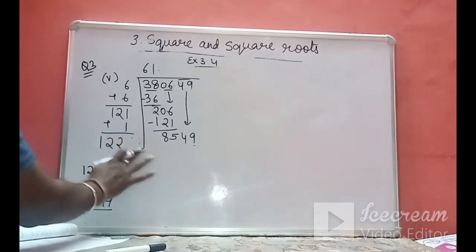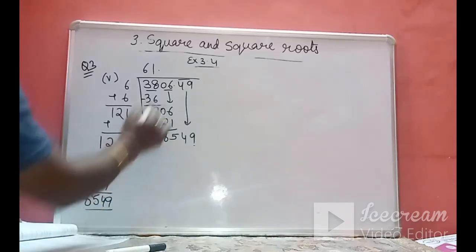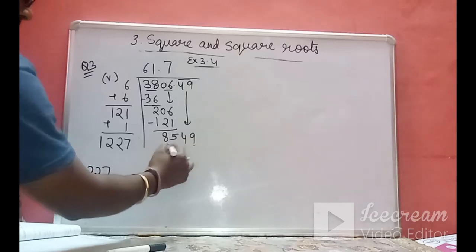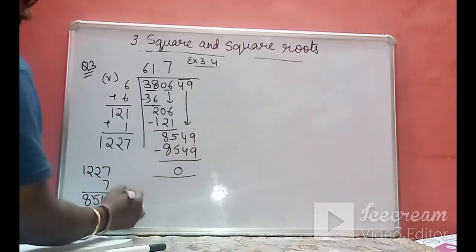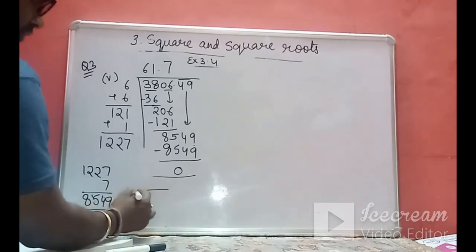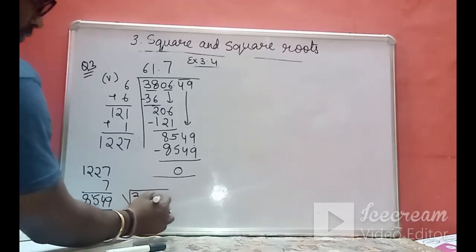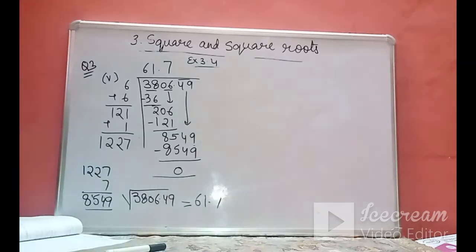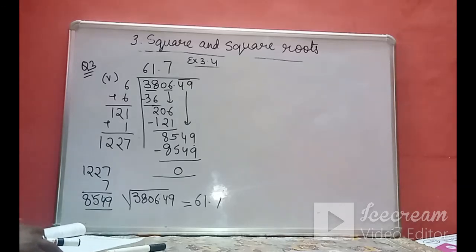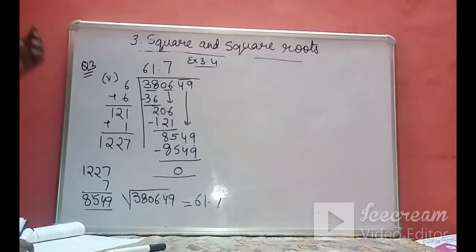So here I will write 7, 7. So we can say that the square root of 3806.49 is 61.7. Understood? So in this manner you can calculate the square root of decimals using the long division method.